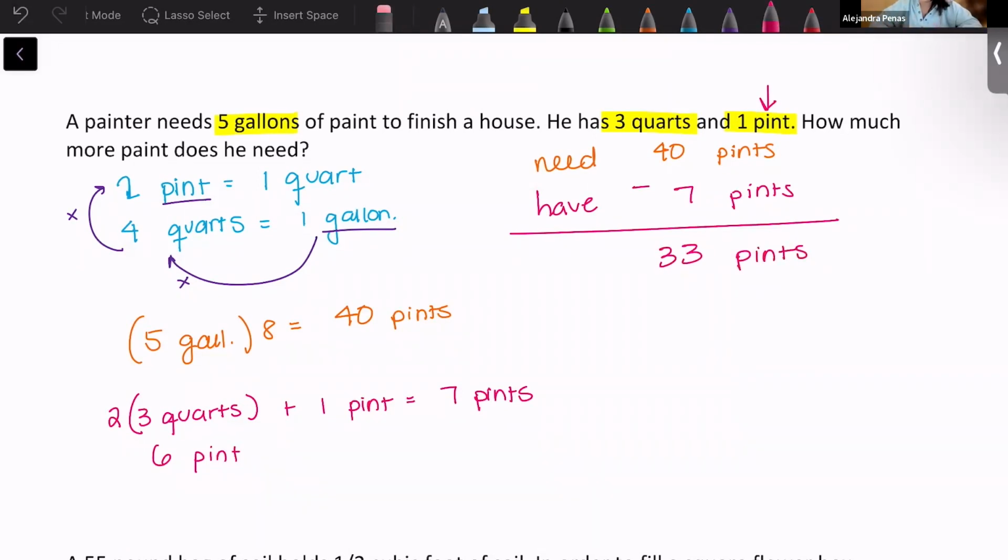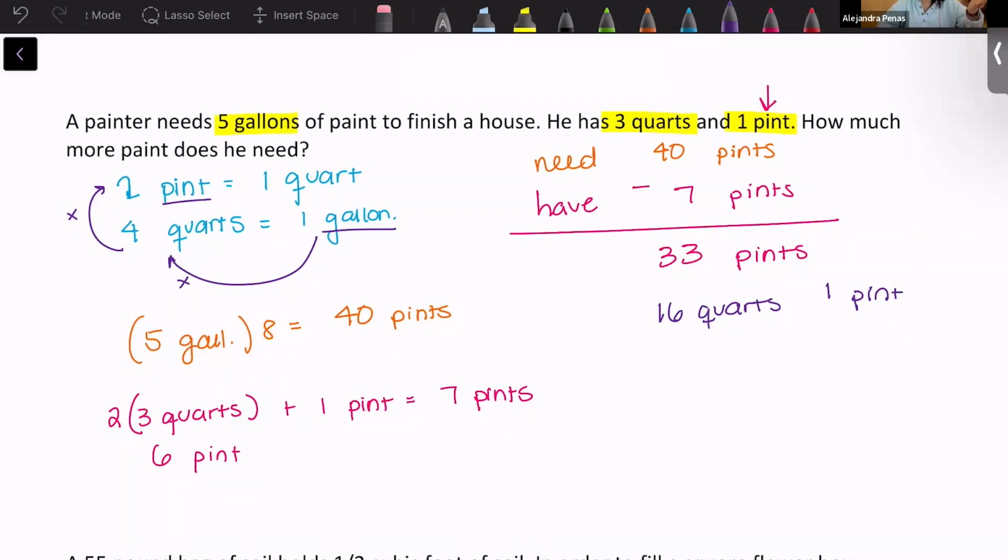Now, this is a perfectly fine answer. There's nothing wrong with it. But if you want to change this into quarts and pints or gallons and pints, that's fine. If you wanted to change it to quarts, you would divide this by 2, because there's 2 pints in 1 quart. We would end up with 16 quarts and 1 pint, because 32 divided by 2 is 16, and then you have 1 left over.